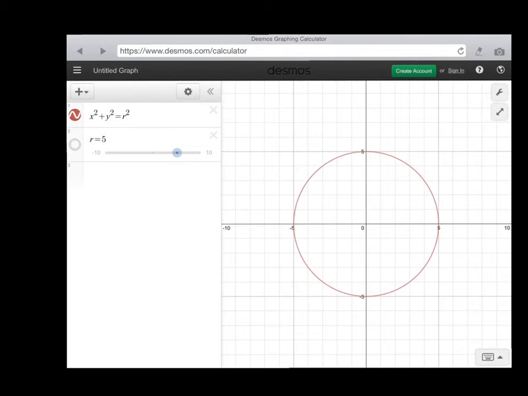So in this situation, my equation is going to be x squared plus y squared is equal to 6 squared. I'm not going to leave it like that. I'm going to leave it as x squared plus y squared is equal to 36. All right?